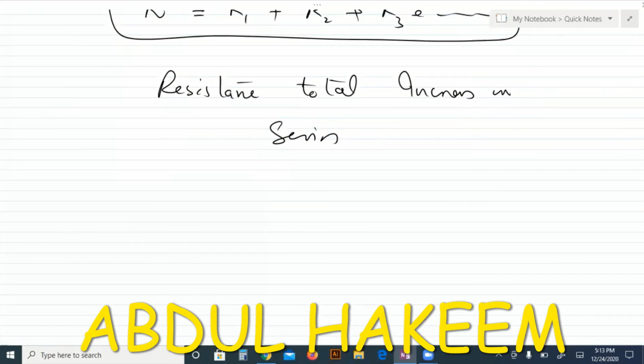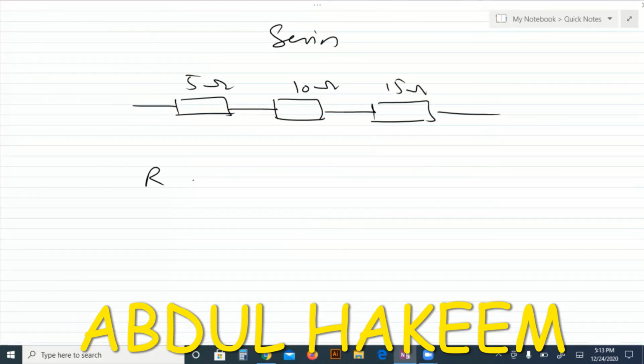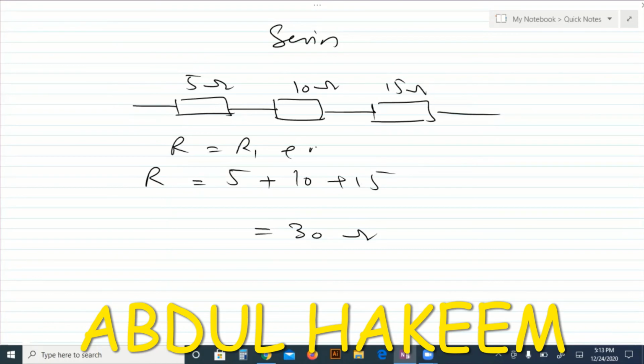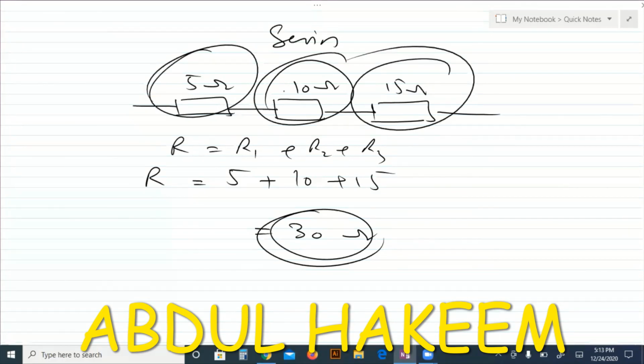Like when 3 resistors are connected, 5 ohm, 10 ohm, 15 ohm, then the total resistance R will be 5 plus 10 plus 15. So it's 30 ohm because R total is R1 plus R2 plus R3. This 30 is even greater than 5, greater than 10, greater than 15. So the total resistance in series increases.